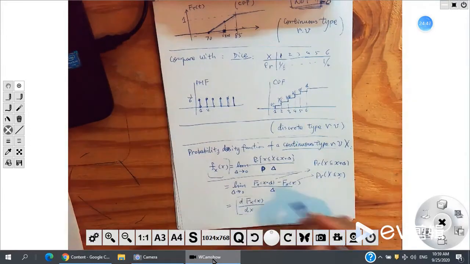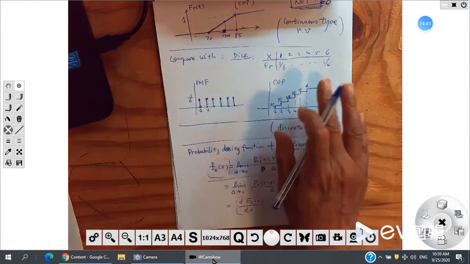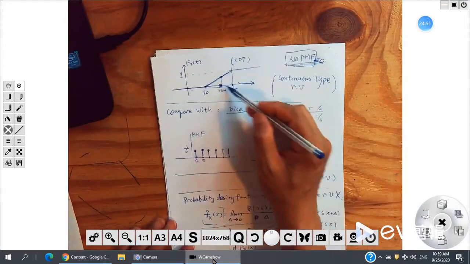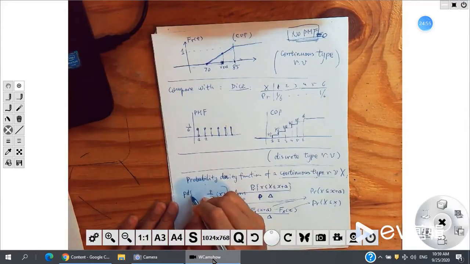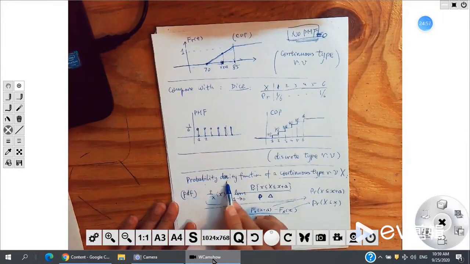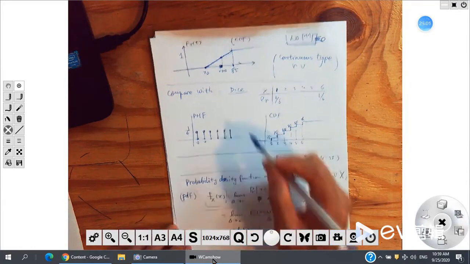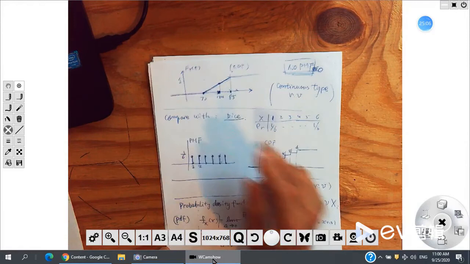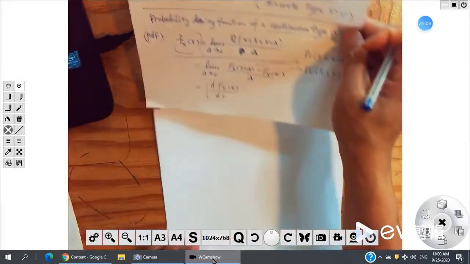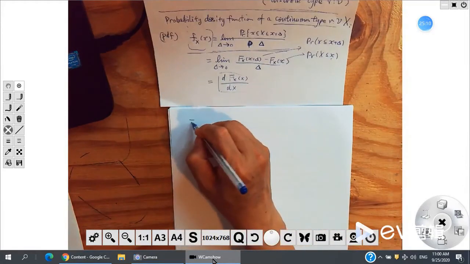After we have this, we call it the PDF, the probability density function. So we can go back to the first example and find the PDF of that one. Let's say the example.